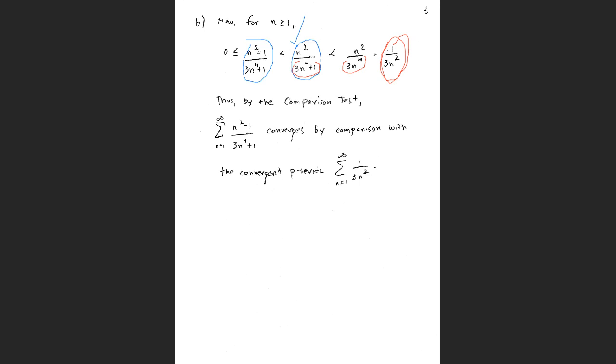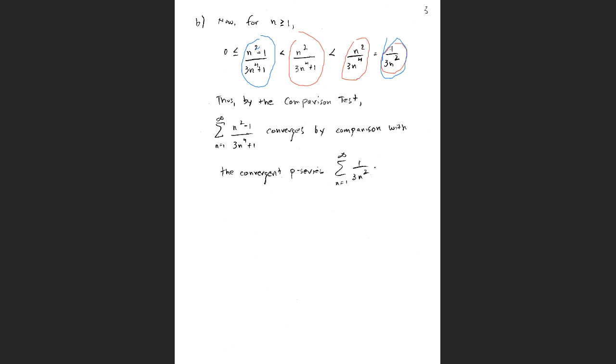So that means n squared over 3n to the 4th plus 1 is less than n squared over 3n to the 4th, and n squared over 3n to the 4th reduces to 1 over 3n squared. So this means that n squared minus 1 over 3n to the 4th plus 1 is less than 1 over 3n squared.